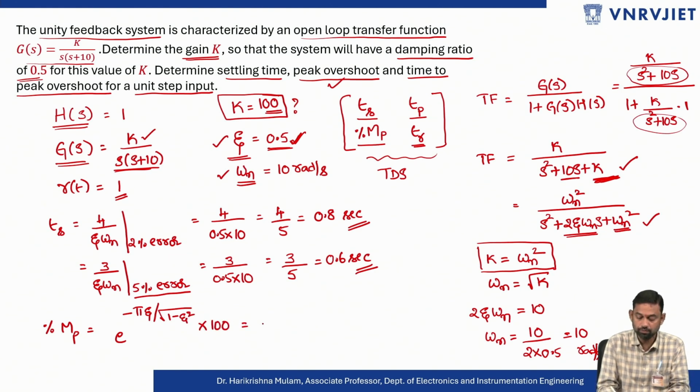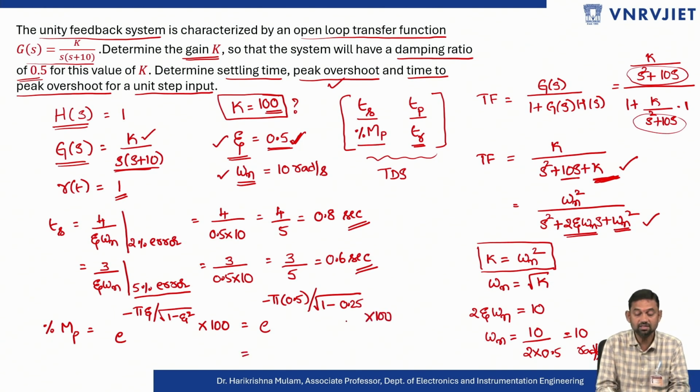That is equal to e power minus pi, where pi value is 22 by 7 or 3.14, into zeta, which is 0.5, divided by square root of 1 minus zeta square, 0.5 whole square is 0.25, into 100.